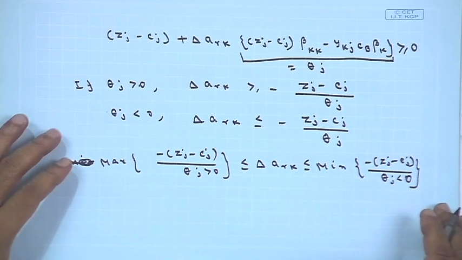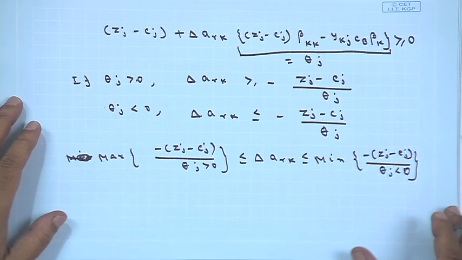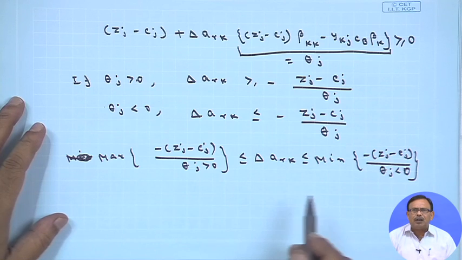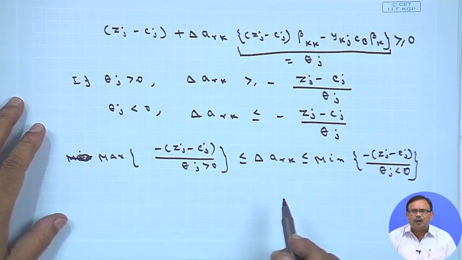Therefore, to maintain the optimality, if the variation in the coefficient matrix A lies in the given range whatever we have given, then the old solution will remain unchanged.